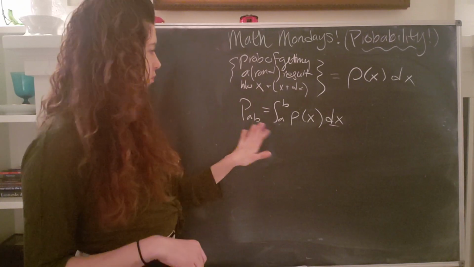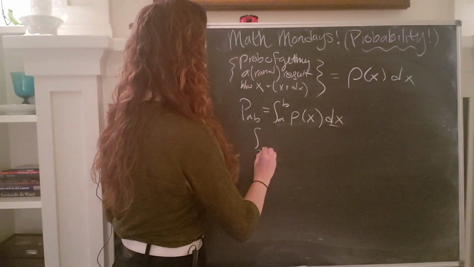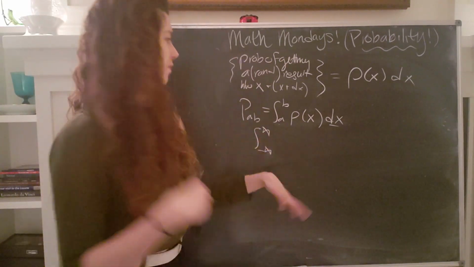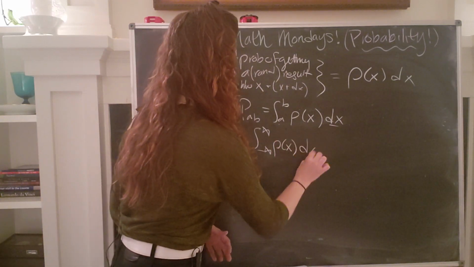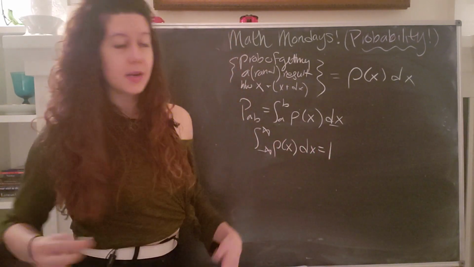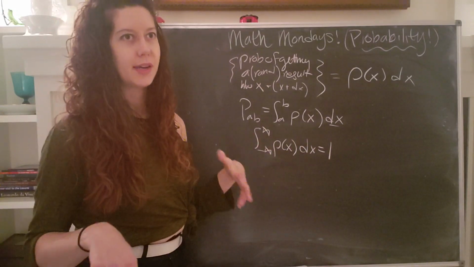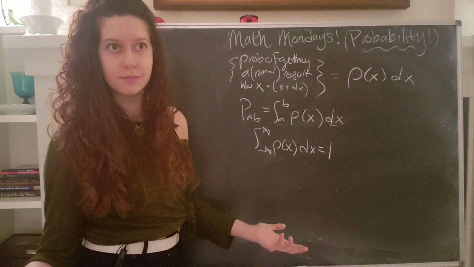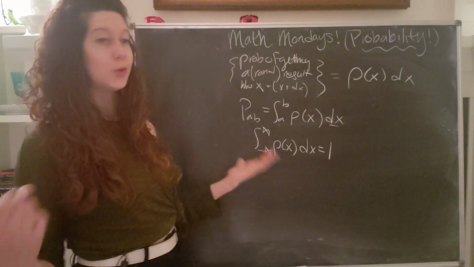And our probability density must adhere to the fact that if we were to sum over all of space and time, or all of the quantities that we are dealing with, it would need to equal 1. If we expect to find the particle somewhere, it means that we have to find it somewhere. Might not be where we expect, but it is going to be somewhere.